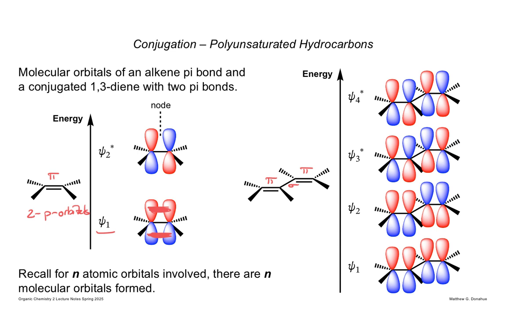And since that is a bonding molecular orbital, we have to have a second anti-bonding, so psi2, and that's what that little star means, anti-bonding. Since that's a different orbital, now the phases are not aligned, and that's indicated by the color of the lobes. And since they're not aligned, where that color or phase change happens, that's called a node.